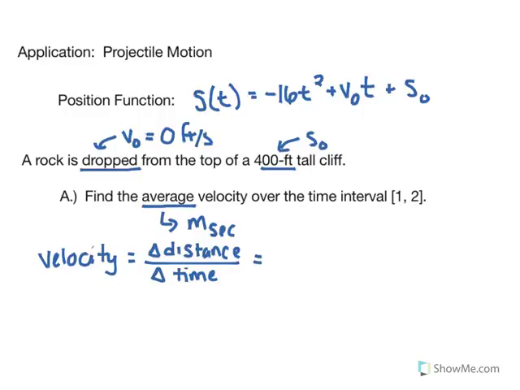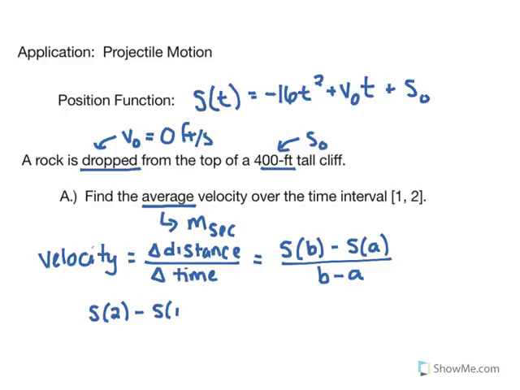Okay, so to find average velocity over an interval, we are going to do s of b minus s of a over b minus a. So it's just like the slope of a secant line. All right, so for this particular example, we're going to do s of 2 minus s of 1 over 2 minus 1.